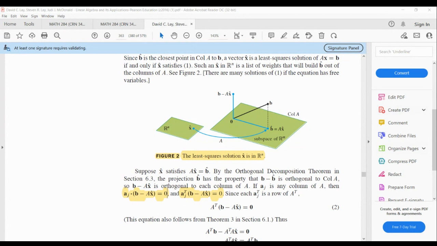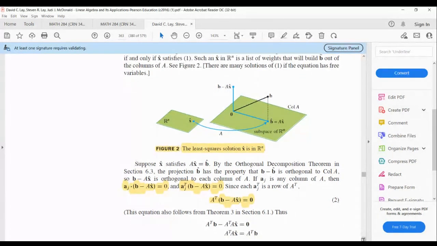And that means we can write that as a matrix multiplication between vectors AJ transpose and B minus AX hat. And if we incorporate all that information for all of those column vectors AJ, we end up getting this equation here, and we can solve that for the vector x hat.